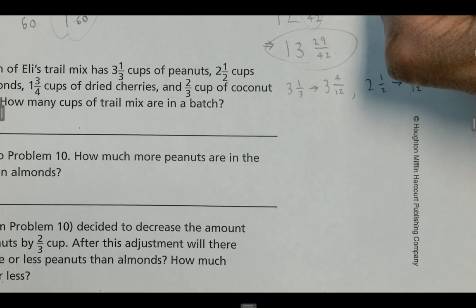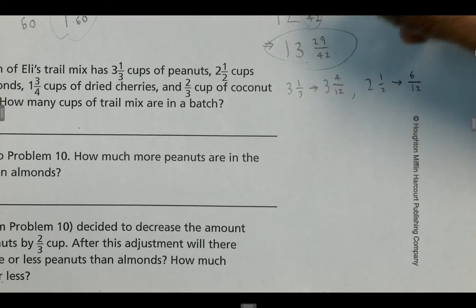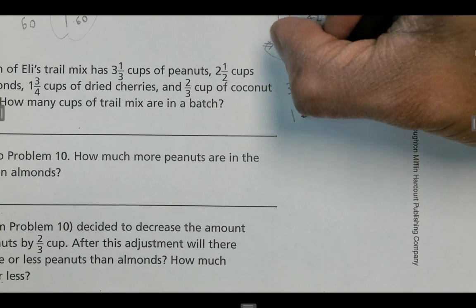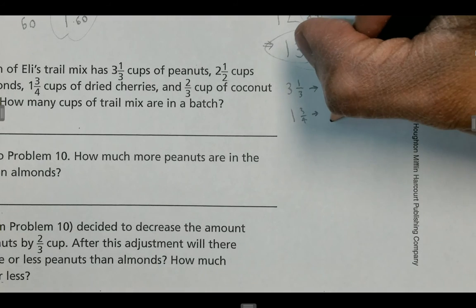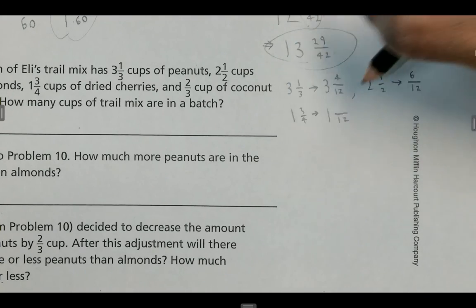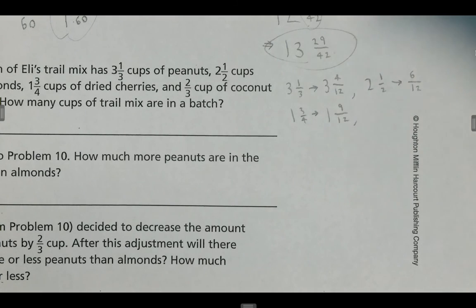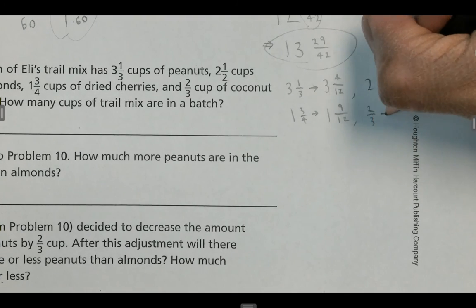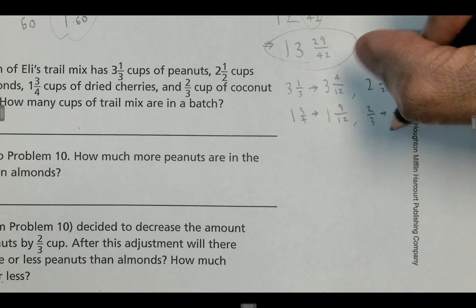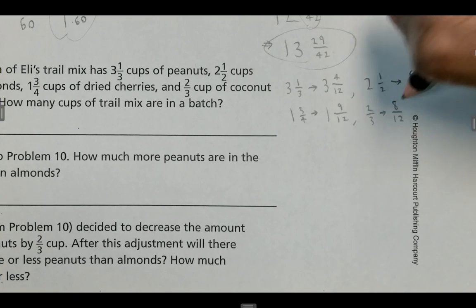Multiply by 6. Next, the dried cherries. 1 3/4. What we do to the bottom, multiply by 3, we do to the top. And 2/3. What we do to the bottom, multiply by 4, we do to the top, multiply by 4.